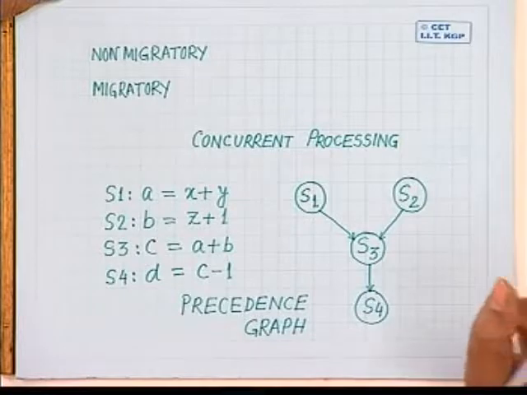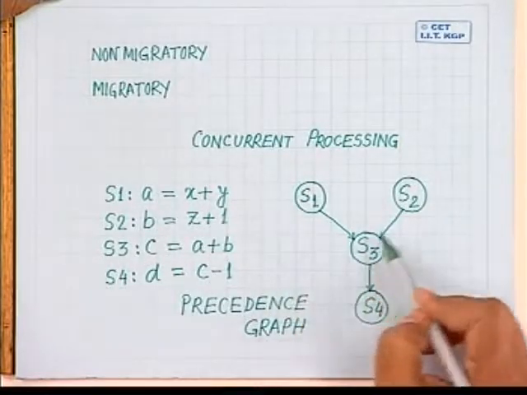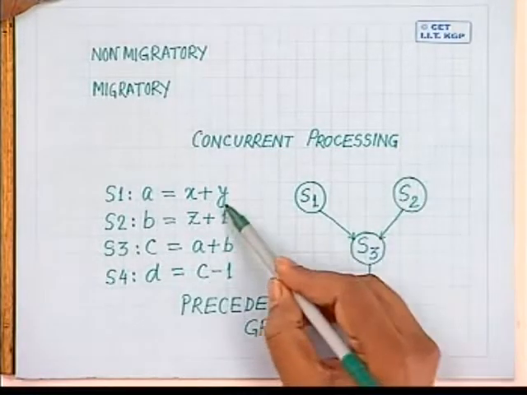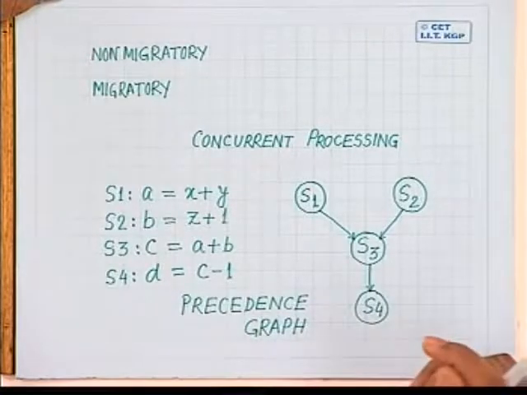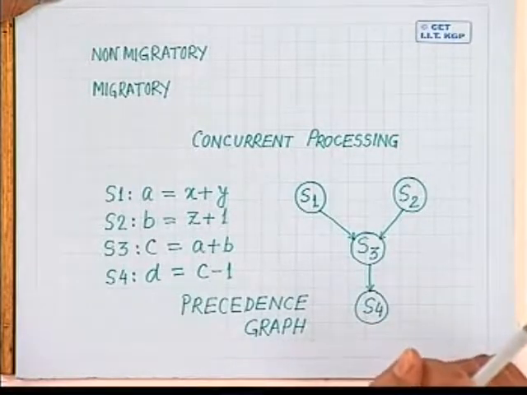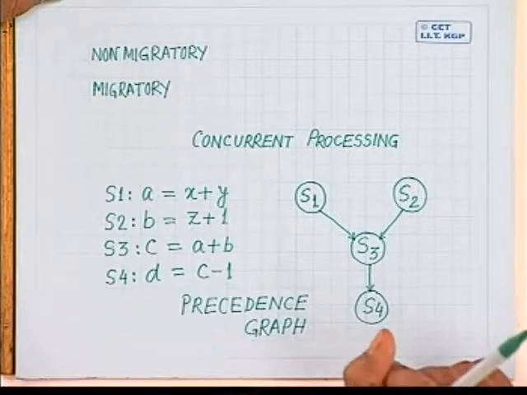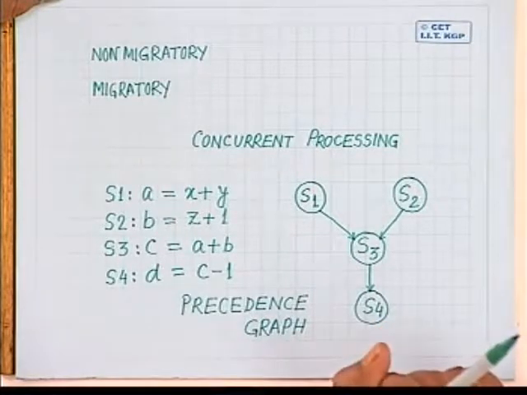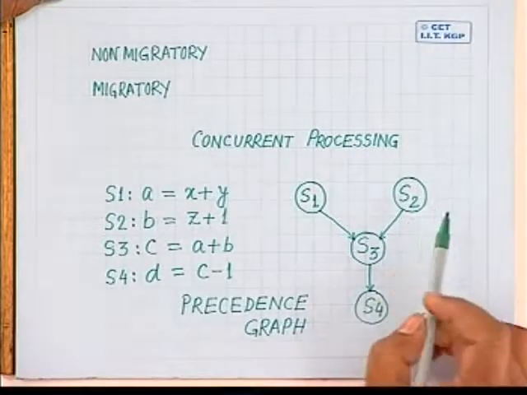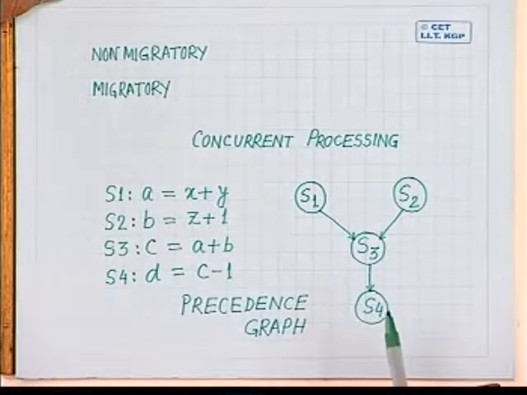So this precedence graph we have constructed with the help of this simple example. Now let us see a formal way in which we can study different subtasks of a given task, and we can find out the precedence relation among those subtasks.